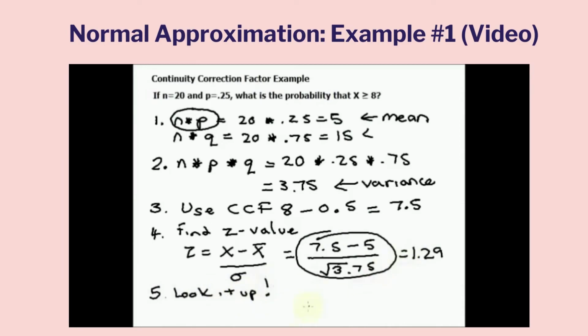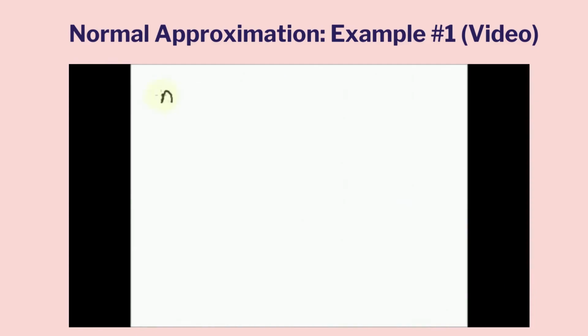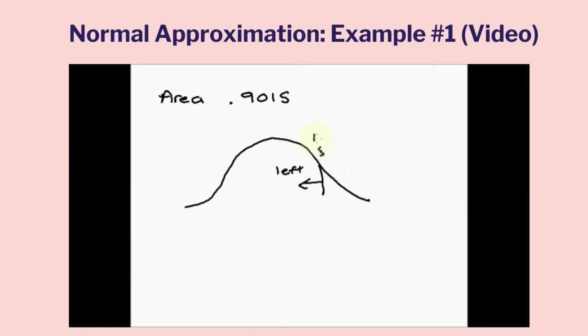I'm going to look up this z-score in the z-table. 1.29 gives us an area of 0.9015. My area was 0.9015. Not quite done yet, because I need to subtract from 1. The z-score here is going to give us the value left of this point, which was 1.29.